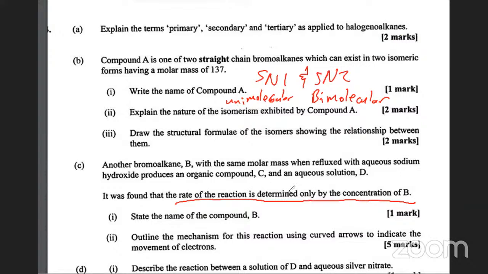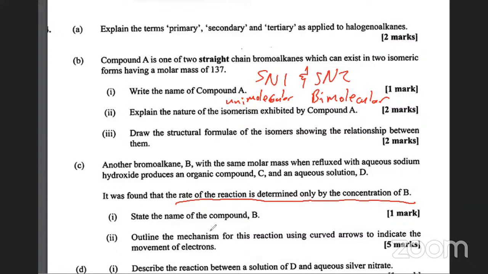If you weren't paying attention to this, I don't know how you would have gotten the actual name of the compound. The next thing I'm going to ask, now that you know the mechanism is SN1, what does that tell you about the structure of the compound?